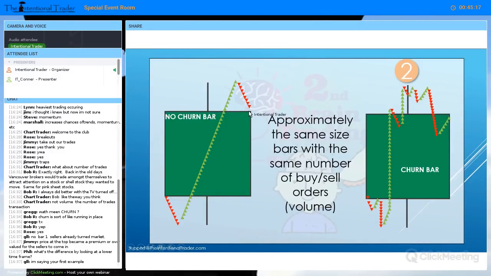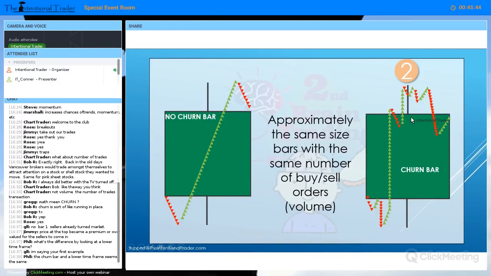Okay, so that's the difference. The information I have here doesn't really tell me enough. So this would not be a bar that I would qualify as a trade setup. The net result is the same. I just don't have good information to place a trade. Here, I do. I have really good information that we're going to become exhausted. Okay?